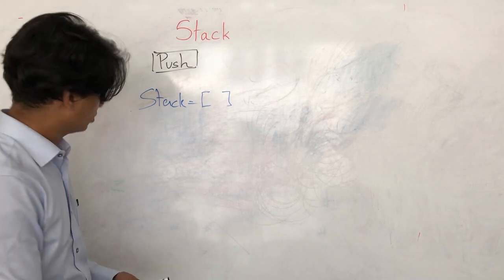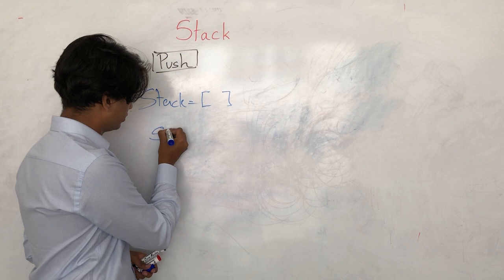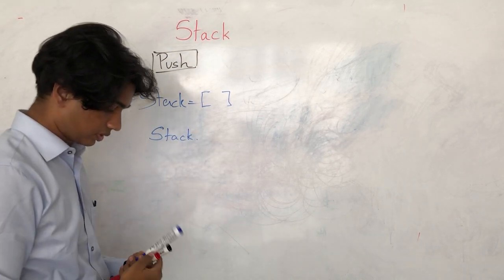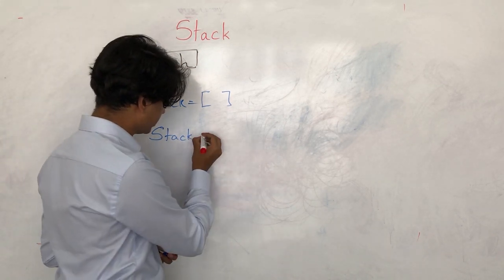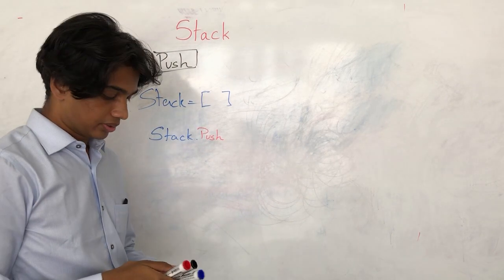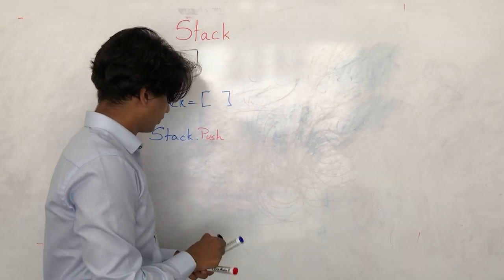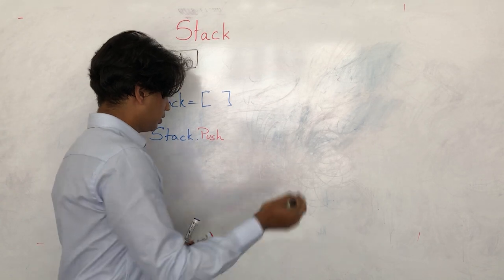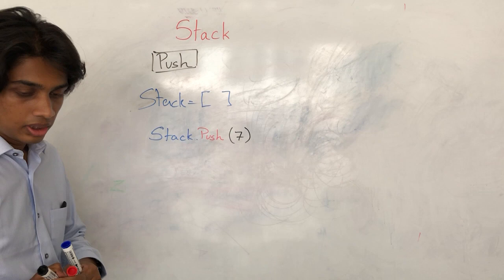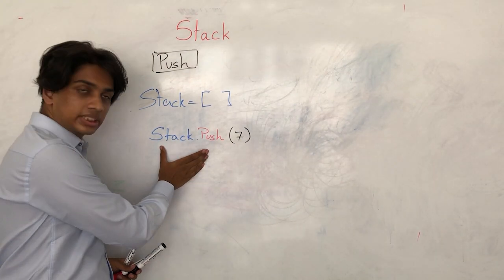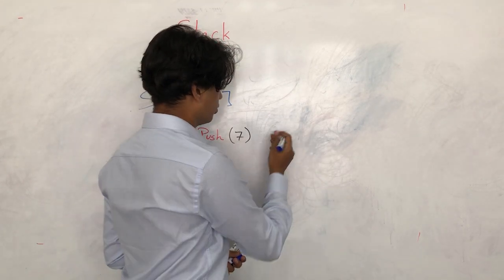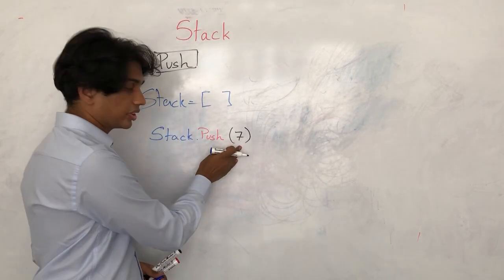So I am going to write stack dot push, and then write our element, which will be the number 7. If we execute this, we would have a stack which has one element, number 7.